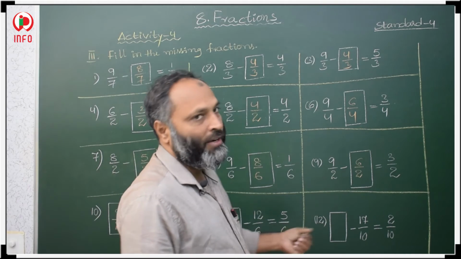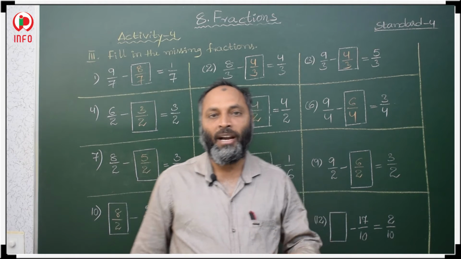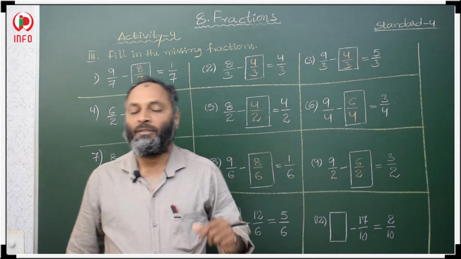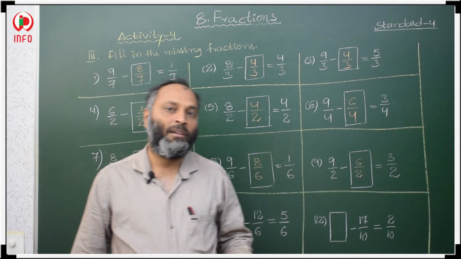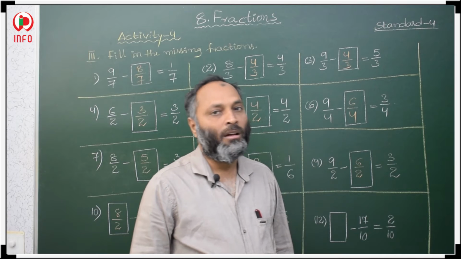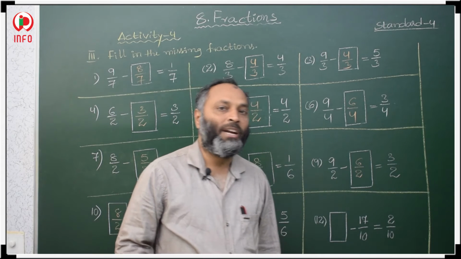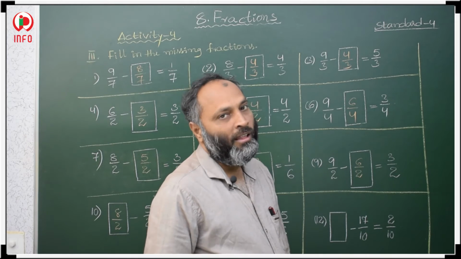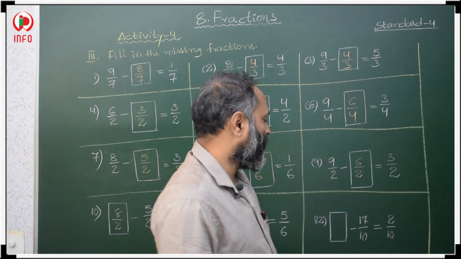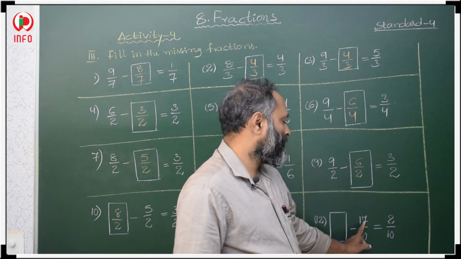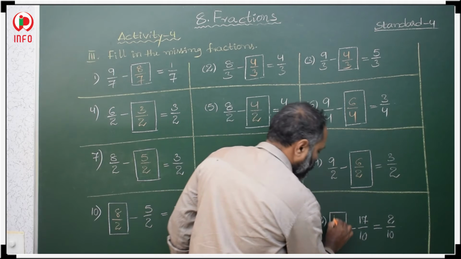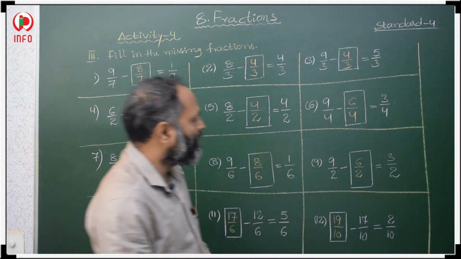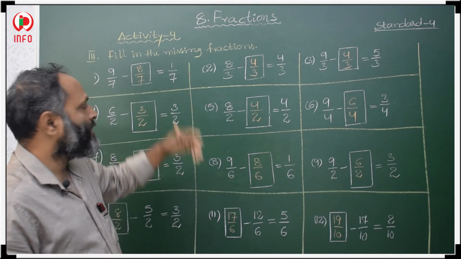So we have to decide whether we add or subtract. If the first fraction and answer are given, we subtract the numerators and write the common denominator. If the second fraction and answer are given, we add them. 17 plus 2, 19, 19 by 10 we write. This is the procedure to write the missing fraction.